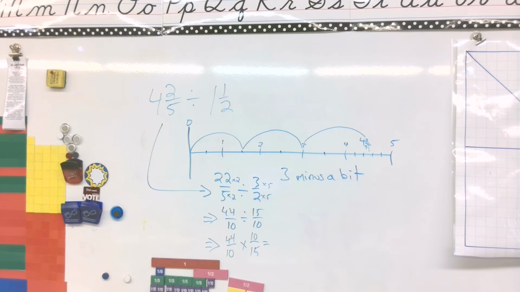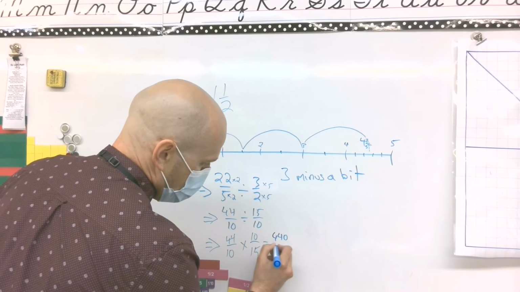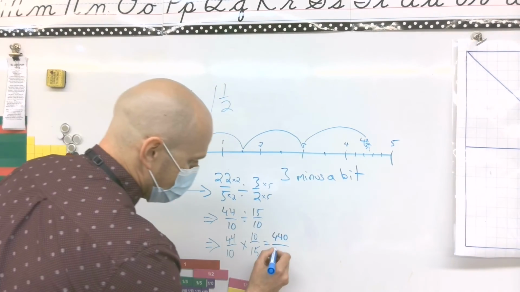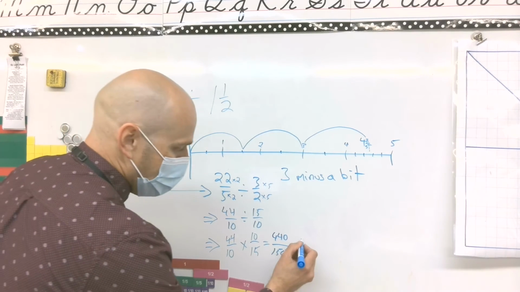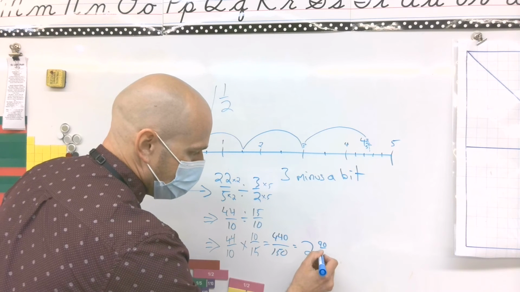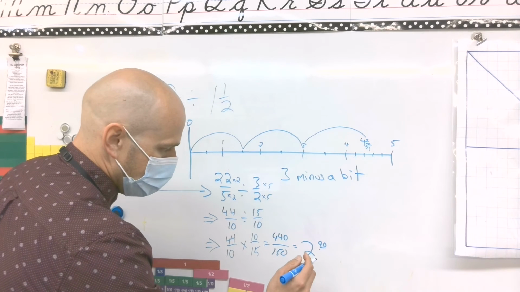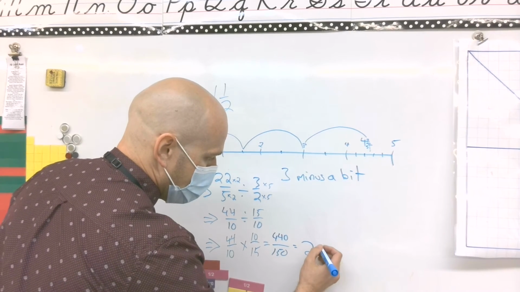Now 44 times 10, well that's going to be 440. 10 times 15, that's going to be 150. Well, now I've got 2 and 90 over, no wait, 2 and 140 over 150, don't I?